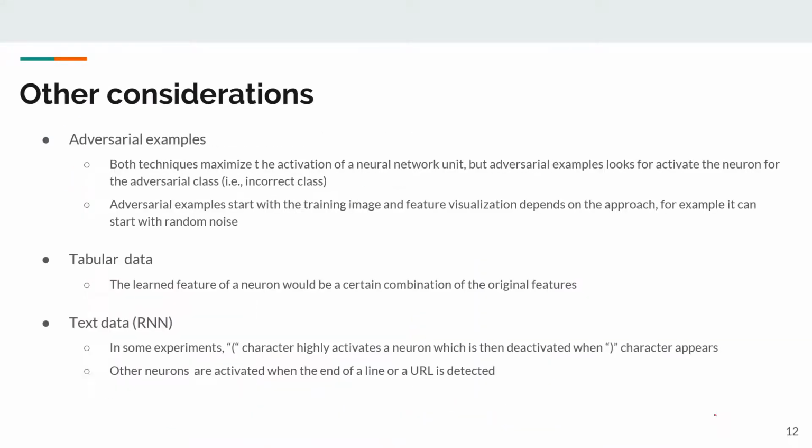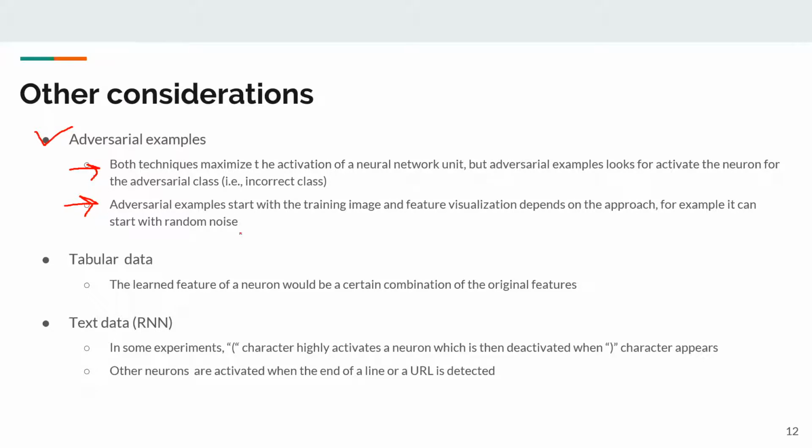There is a connection between feature visualization and adversarial examples. Both techniques maximize the activation of a neural network unit. However, for adversarial examples, we look for the maximum activation of the neuron for the adversarial class. Another difference is the input image for the method. For adversarial examples, it is the image for which we want to generate the adversarial image.